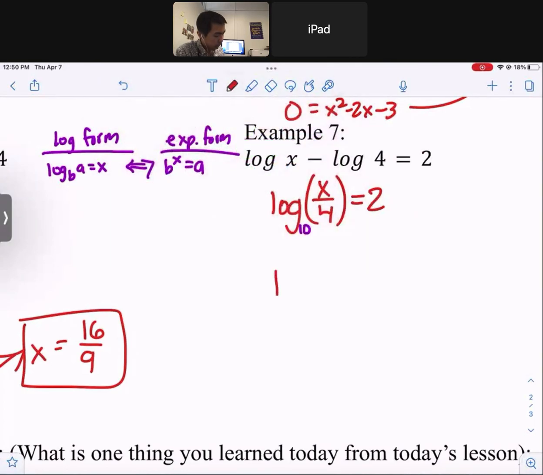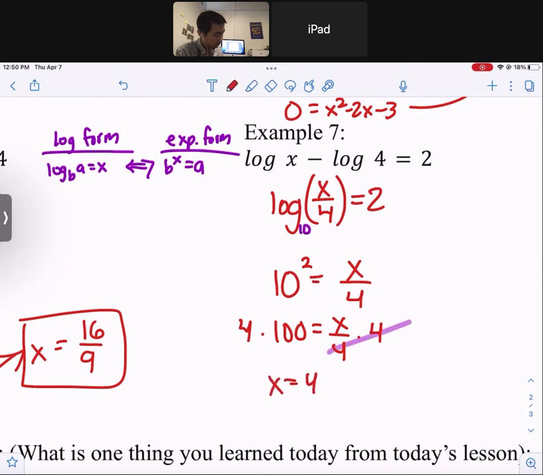So we're going to write 10 to the 2nd power equals x over 4. So it's 100 equals x over 4. And because this is divided by 4, the opposite of that is multiplying both sides by 4. 4's cancel. x equals 400. And if you plug in 400 into here, it's going to give you a positive log value.